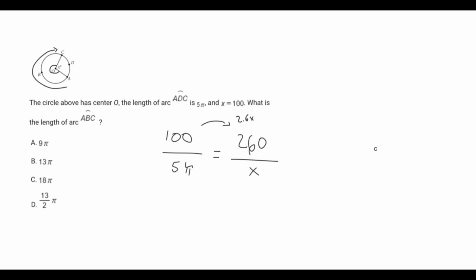To keep this ratio constant, we also have to multiply the arc length by 2.6. So here we can do 5 times 2.6 pi, which is the same as multiplying 5 pi by 2.6. So 5 times 2.6 gives us 13, and then we just add the pi next to it.